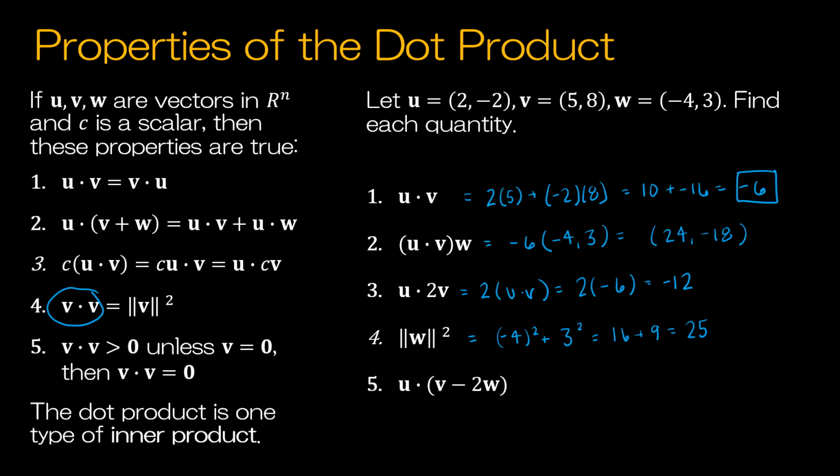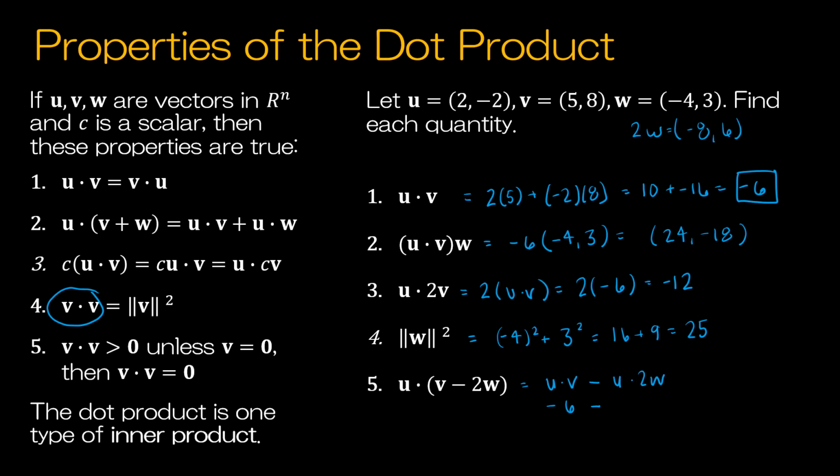And then finally, I have u dot v minus 2w. So that's the same as u dot v minus u dot 2w. Well, u dot v is already negative 6. So now I'm just going to find u dot 2w. So let's go ahead and write 2w. 2w is negative 8, 6.